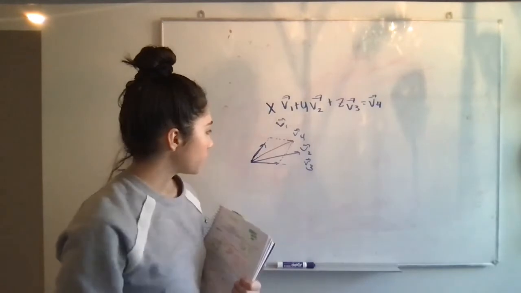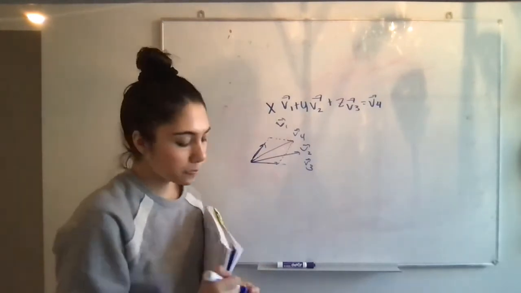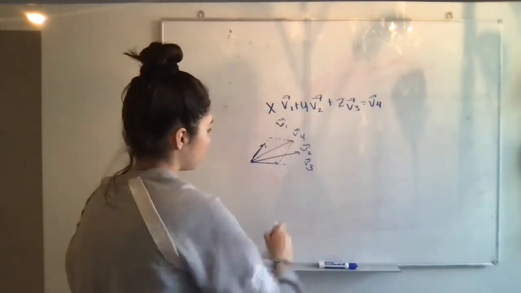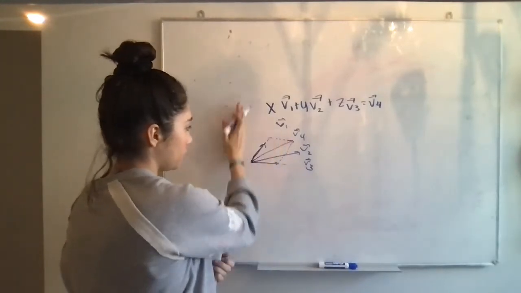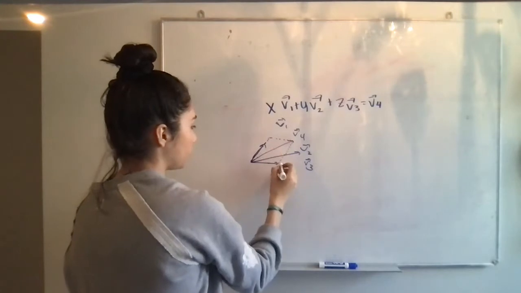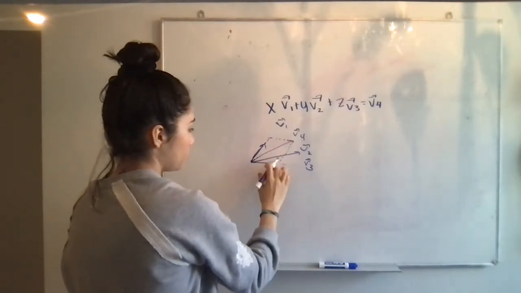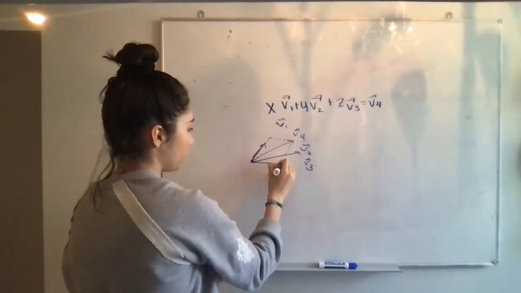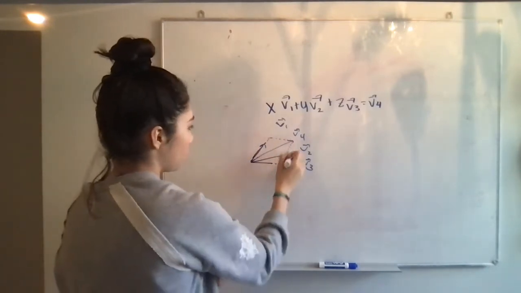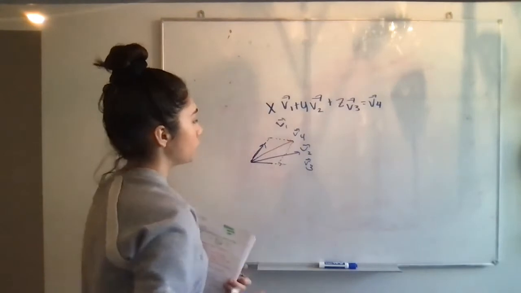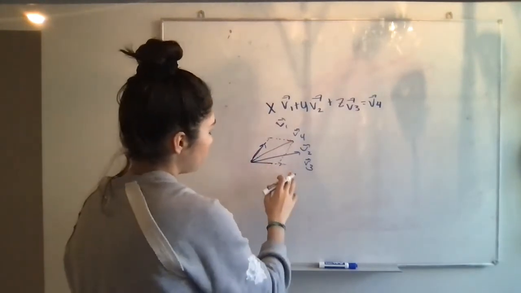Okay, so here's what you've got. If you multiply this vector so that it comes up to this point on the y-axis, and then you multiply this vector so that it moves over to this point on the x-axis, then that allows these two to resolve into this vector, right? So that's how you can do that one.